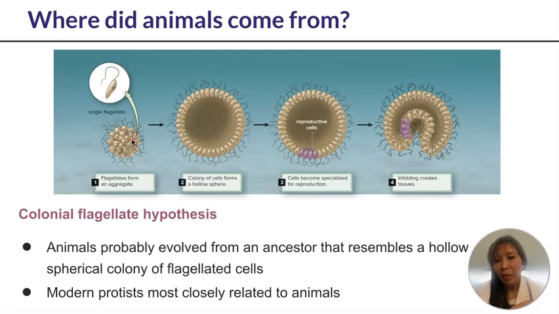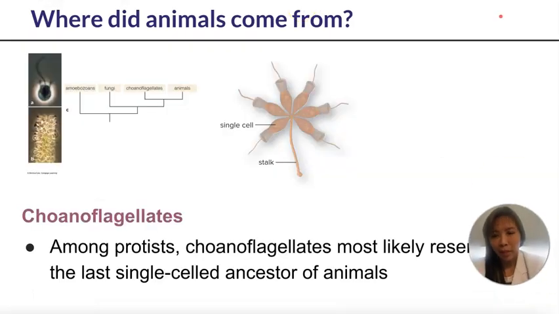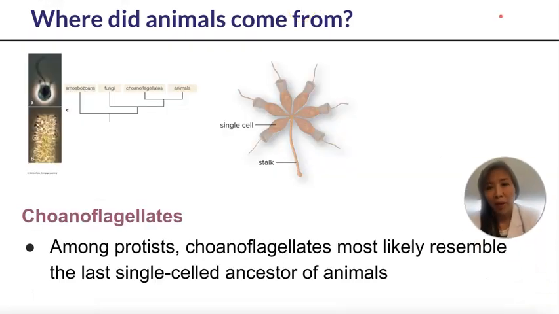It's because protists are most commonly related to animals that scientists believe that animals evolved from protists. Among the protists, it's most likely that we evolved from choanoflagellates. These are organisms that we can actually find living in many different water and marine surfaces.